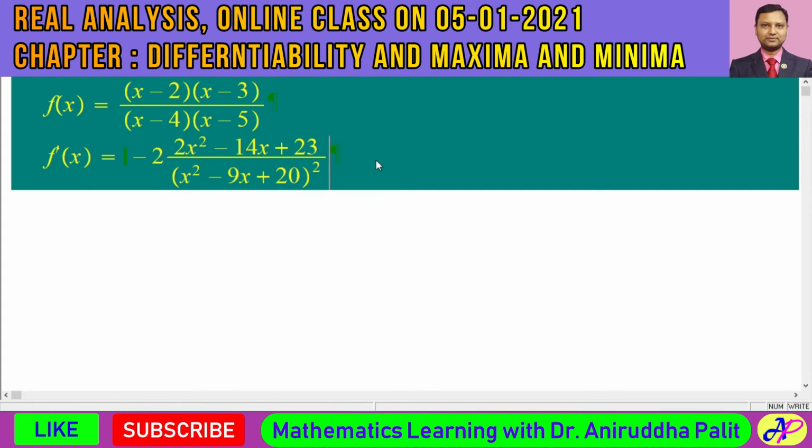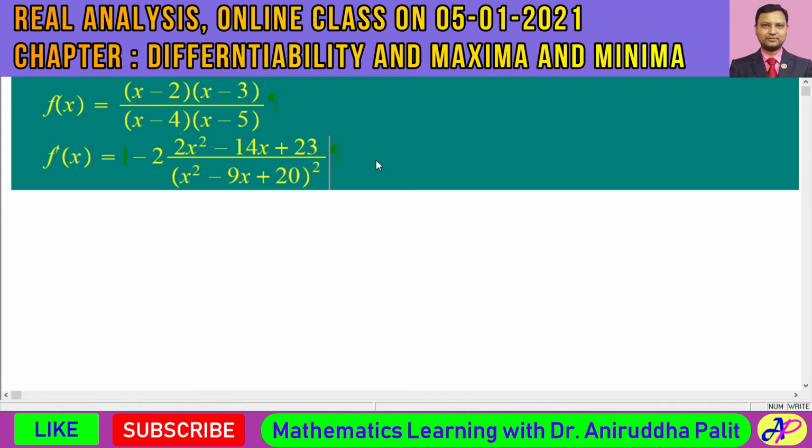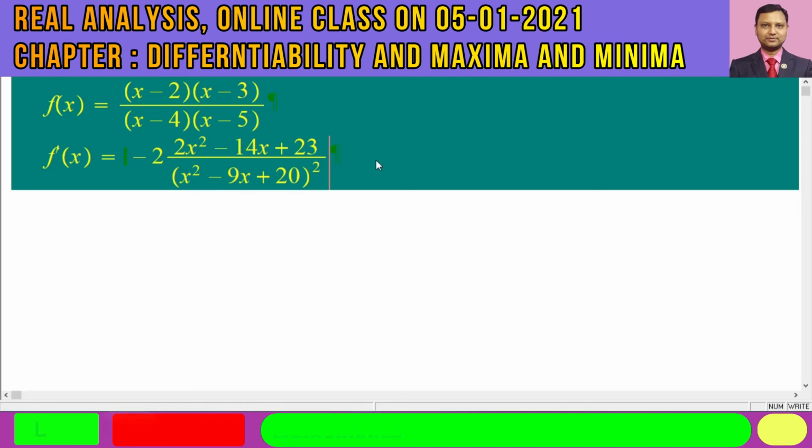If I ask you to compute the second and higher order derivatives, that would be very difficult, and in your exam most students would leave that question and attempt another one.